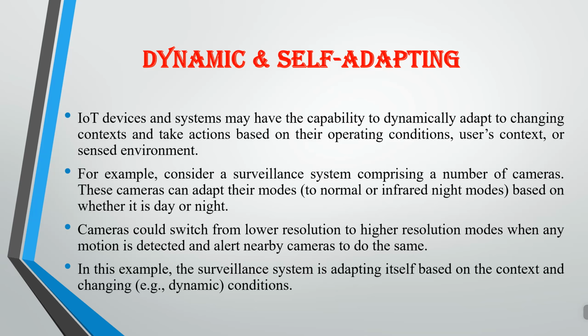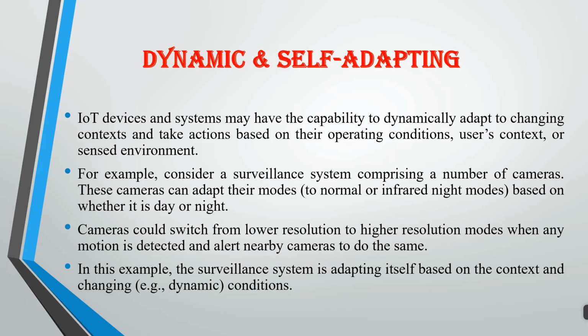I would like to give one more example related to the same surveillance camera. Say the surveillance camera activities can be recorded by using any DVR. Normally what happens is the surveillance camera works at a low resolution when there is no movement observed from the camera.